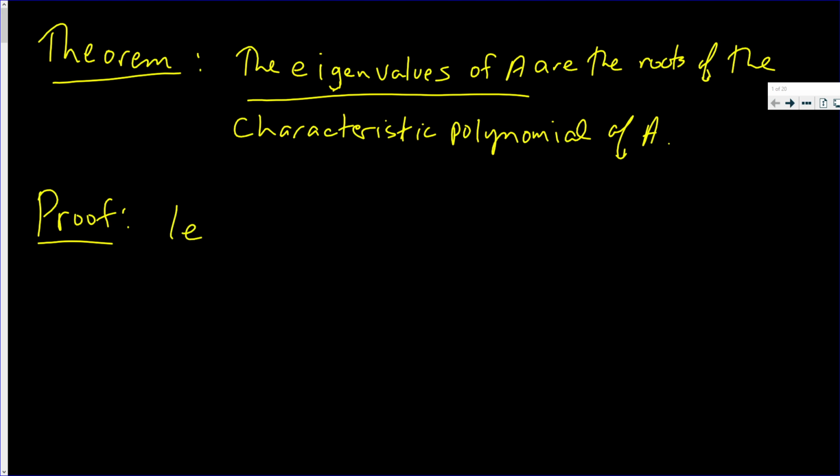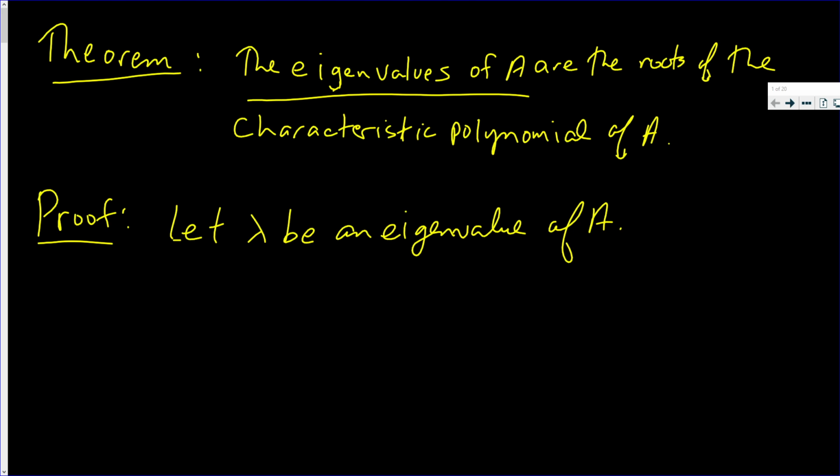So the proof will start off with this. Let lambda be an eigenvalue of A. We want to show that lambda is a root of the characteristic polynomial.